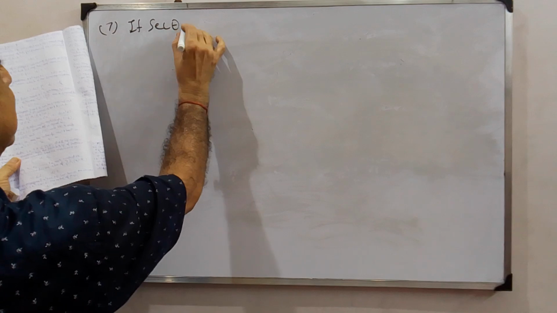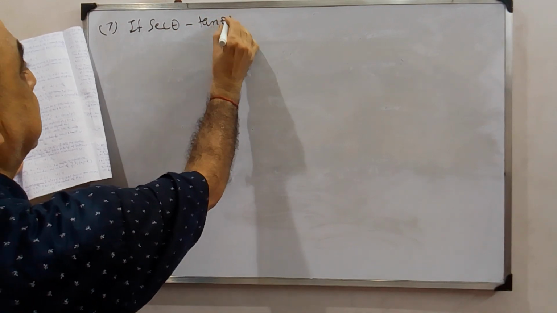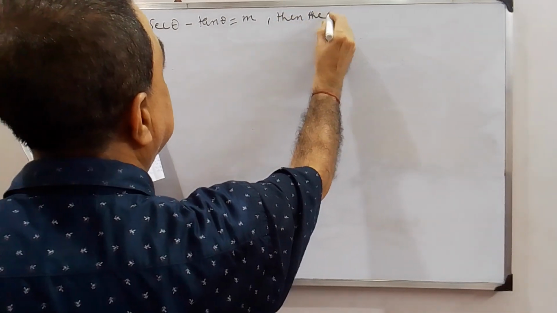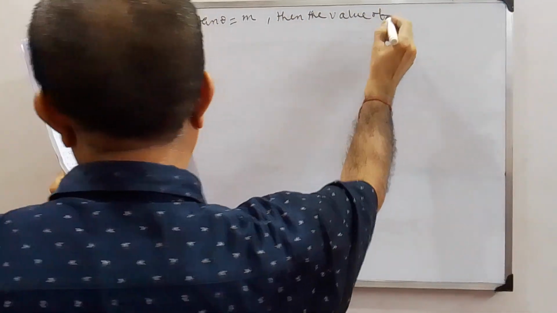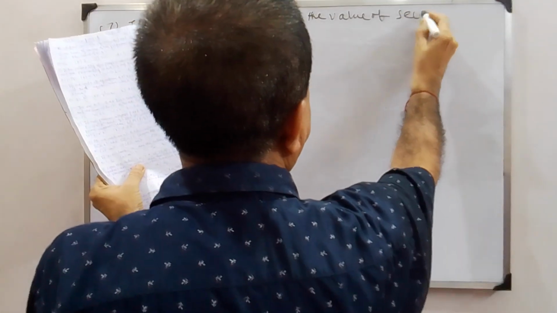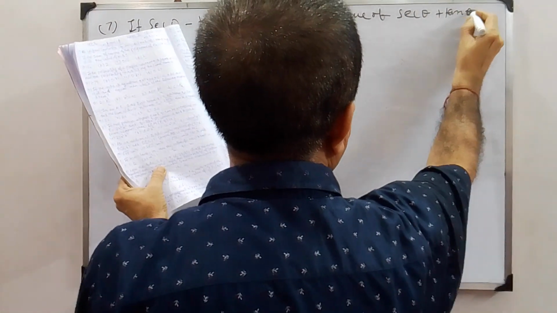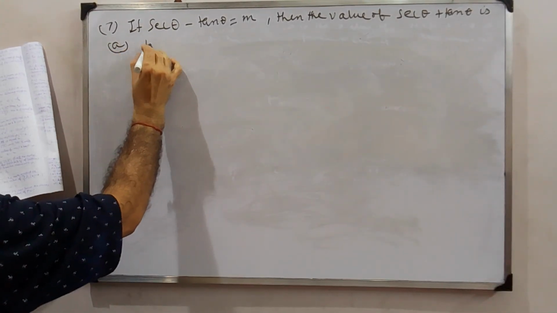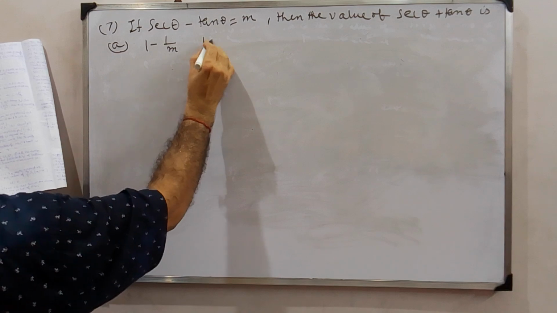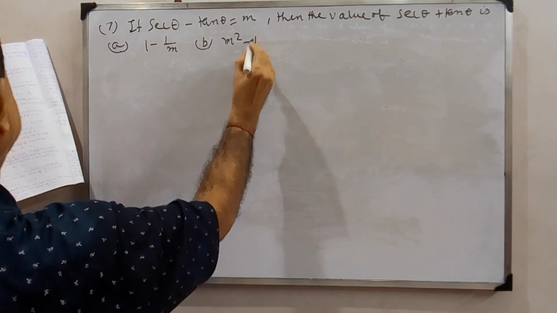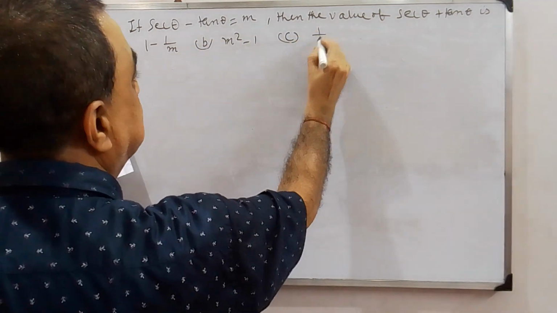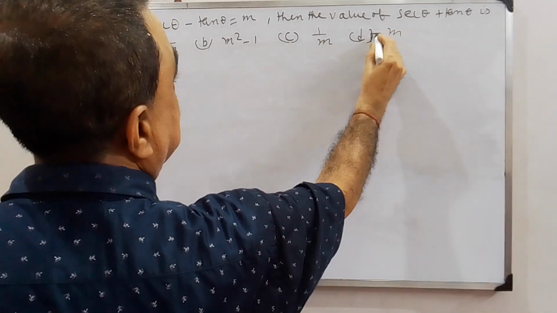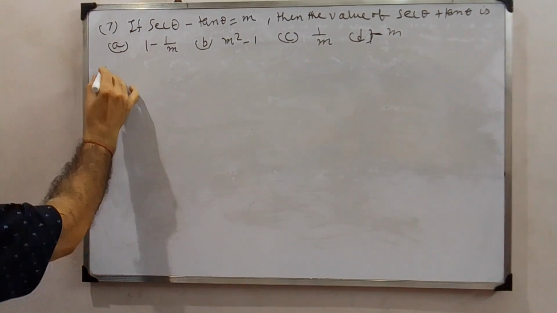If sec theta minus tan theta is m, then the value of sec theta plus tan theta is: A, 1 minus 1 upon m; B, m squared minus 1; C, 1 by m; and D, minus m. Out of these only one is correct.